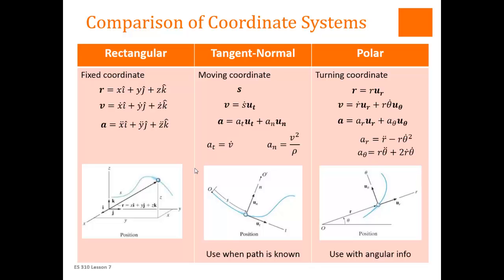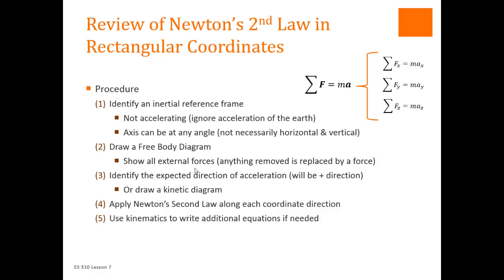And so there we typically know information about that rotation, whether it be the rotational speed or the rotational acceleration. In this case, both the velocity and the acceleration have two coordinates, which can be solved for so long as you can solve for r, r dot, r double dot, theta, theta dot, and theta double dot.